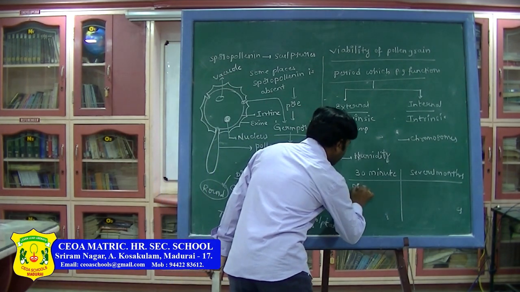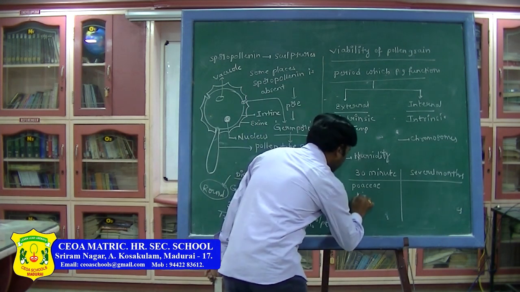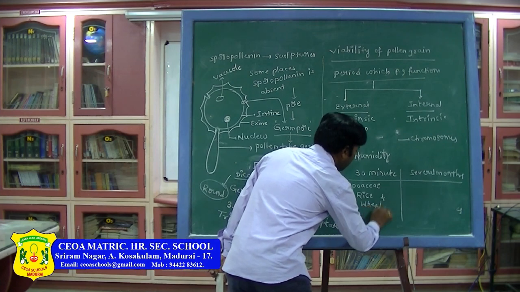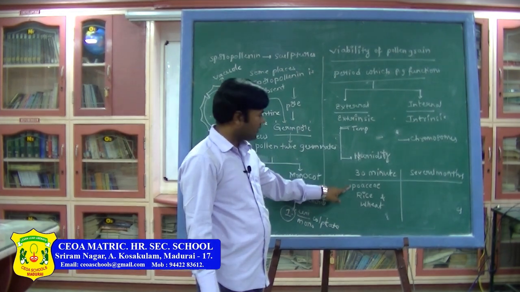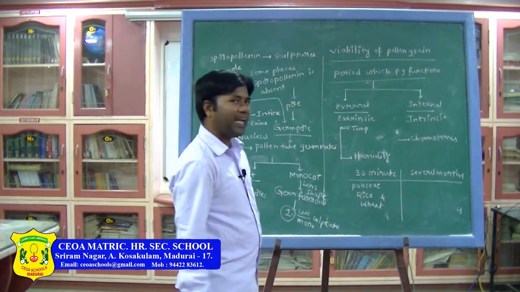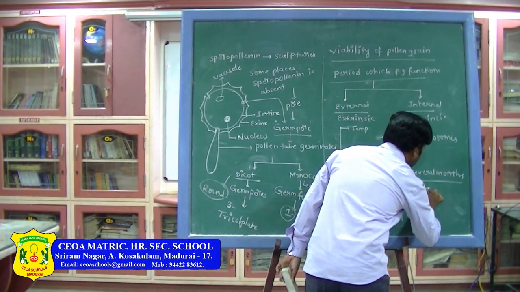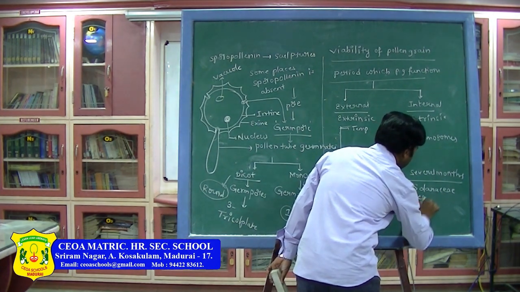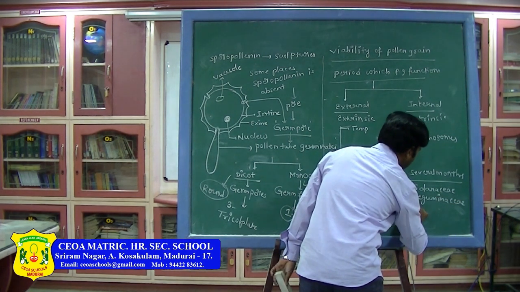Especially in the Poaceae family, Graminae or Poaceae, that is rice and wheat. Examples where the pollen grains are alive for just 30 minutes are in the Poaceae family, rice or wheat. Whereas several months is in Solanaceae, Leguminaceae, another name Fabaceae, and Rosaceae.